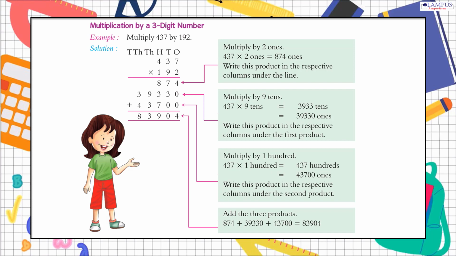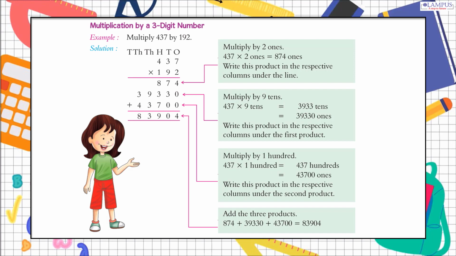Write this product in the respective columns under the line. Multiply by 9 tens. 437 times 9 tens equals 3933 tens equals 39,330 ones. Write this product in the respective columns under the first product.